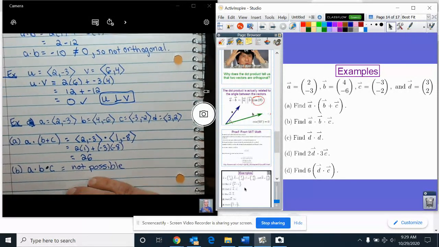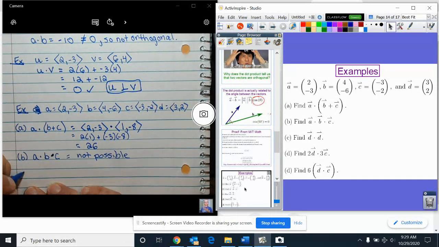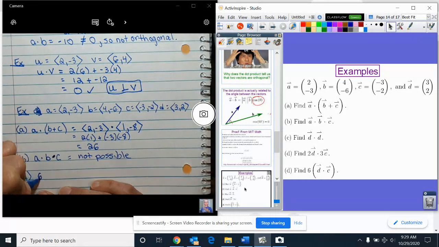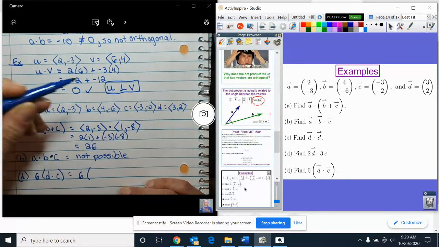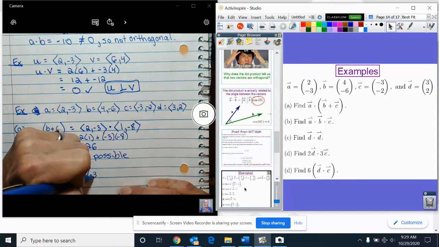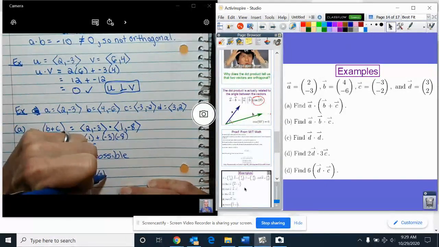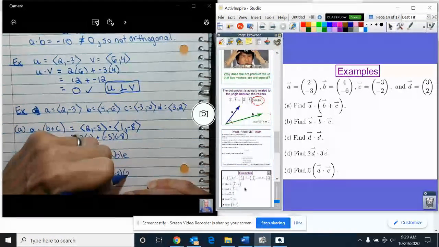The last example that I wanted to show you here was letter D, using some distribution. So 6 times the dot product of D and C. First, we need to find the dot product of C and D. That's -3 times 3 plus -2 times 2.